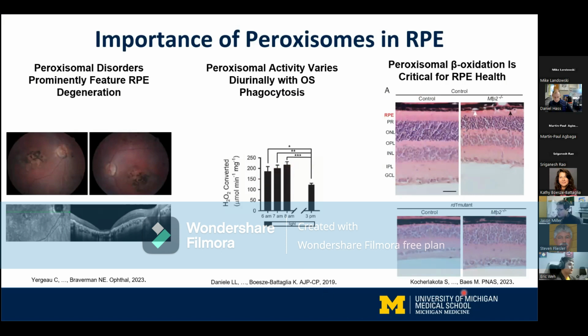And recently, Miriam Bays, who's at KU Leuven in Europe, and her grad student Sai, showed that if you knock out one of the key enzymes in peroxisomal beta oxidation, you get a very rapid RPE vacuolization and degeneration. So here's the control, here's the knockout. And this degeneration is happening over the course of 30 to 60 days.